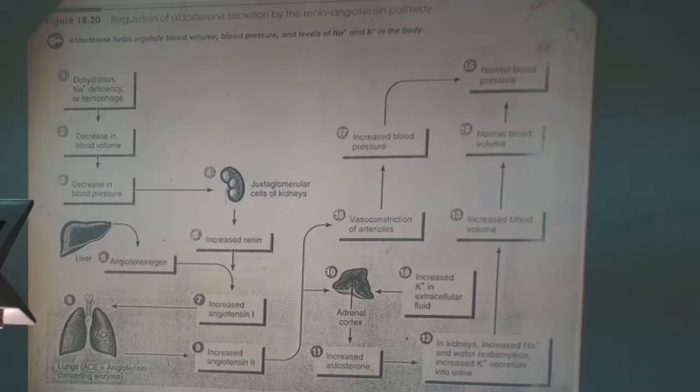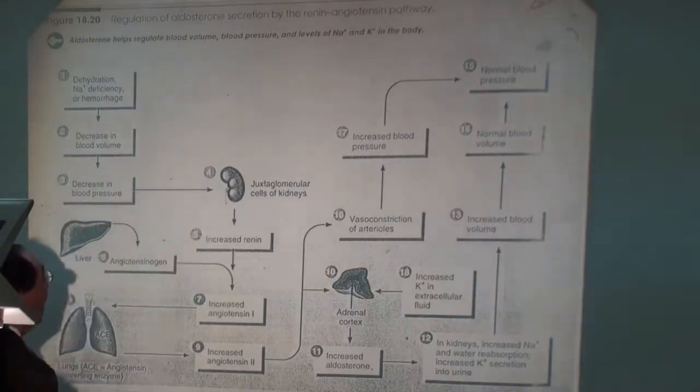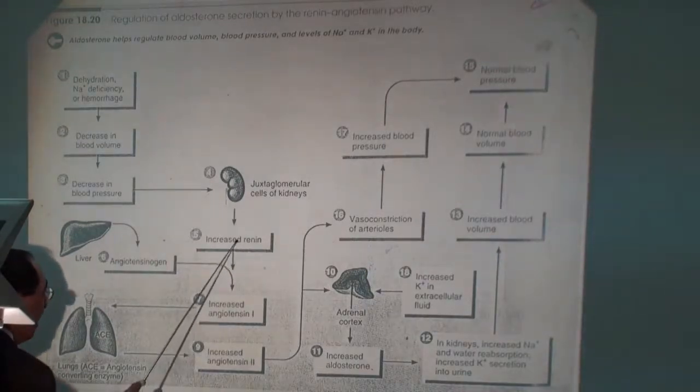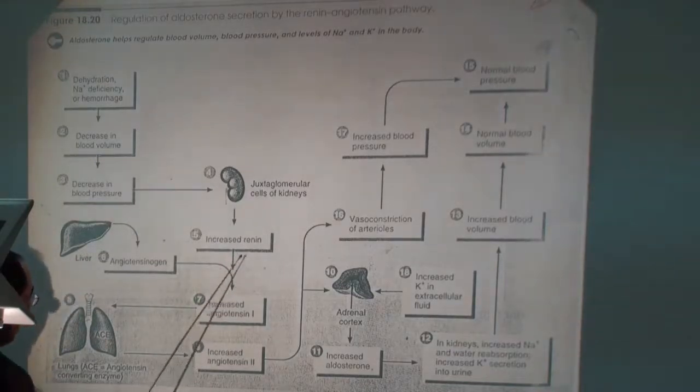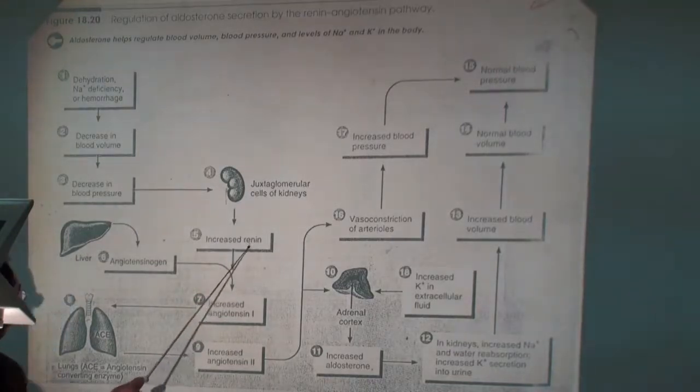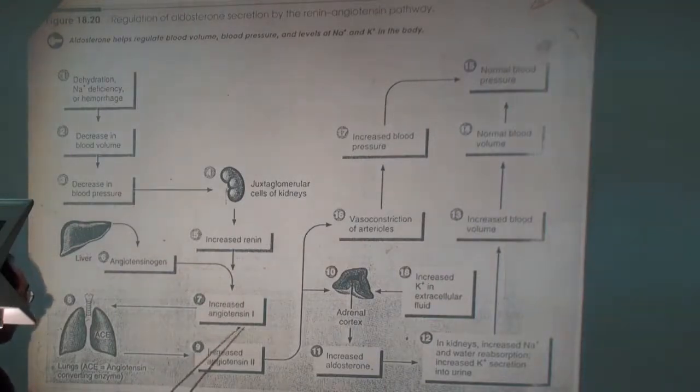You see decrease in blood volume, decrease in blood pressure, cells in the kidneys are affected. They release a hormone called renin. This renin affects angiotensinogen, this protein from the liver, to produce angiotensin 1.